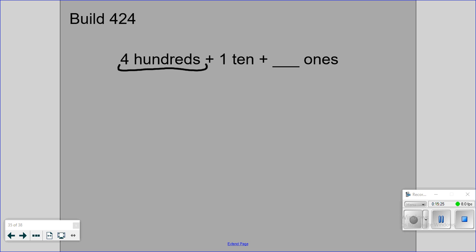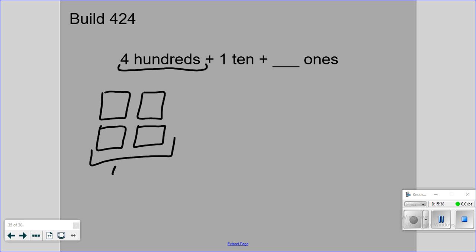Lincoln? Like 4 squares. Yeah, remember our hundreds flats look like this. There's my 400. I have 400. What else do I have? 400 plus. What else do I have? It's not a trick question. Glenn, what do I have? 110.